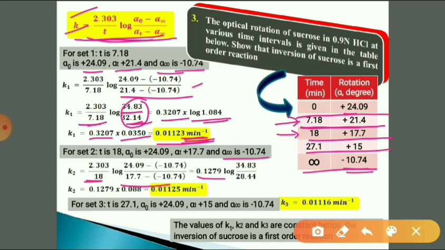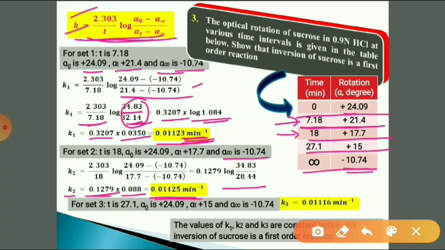Now just take the log of this factor, so we'll get 0.088. Now that factor is multiplied by this factor, 0.1279, so we'll get 0.01125 per minute. That is the value of this k2. So we obtain k1 and k2.